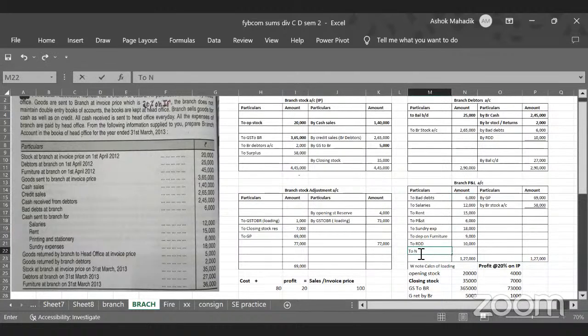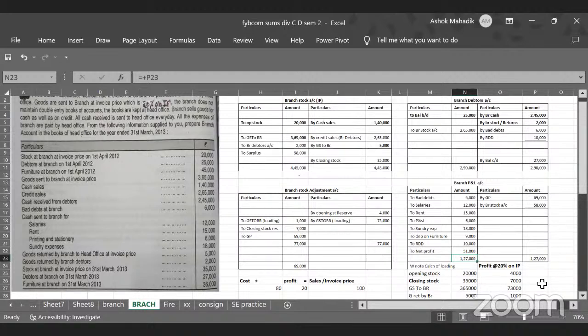To net profit, it will be 1,27,000 minus 76,000. That's it. Okay, students. So if you have this sum in your paper, it is not that difficult.